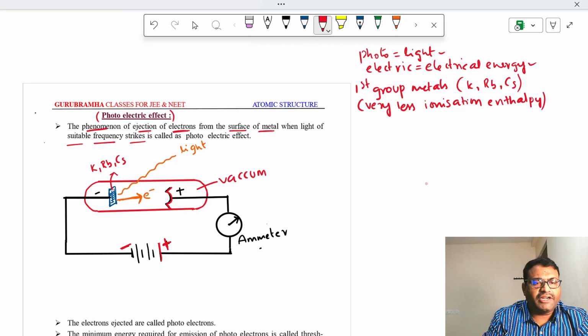So between this metal and battery, there is an instrument called ammeter, which deflects or shows how much amount of current is passing. By the deflection of this needle, we can observe how much electricity flows in the circuit.